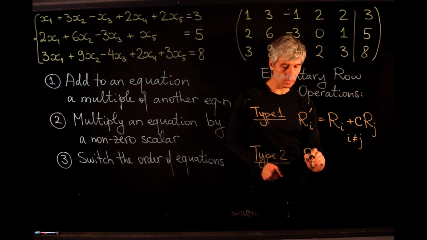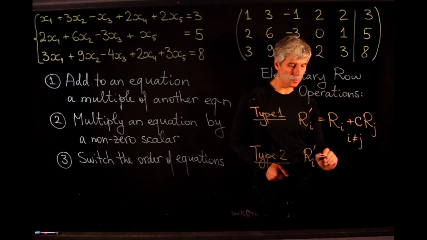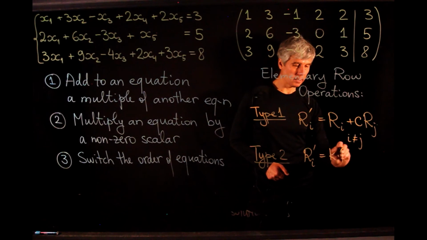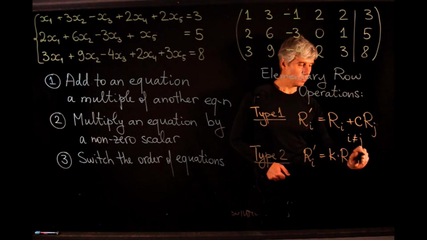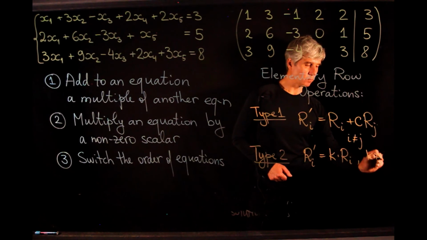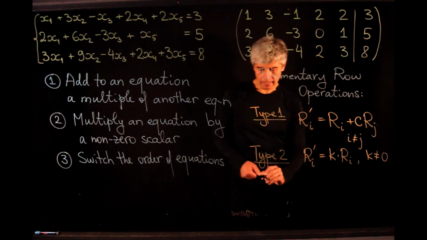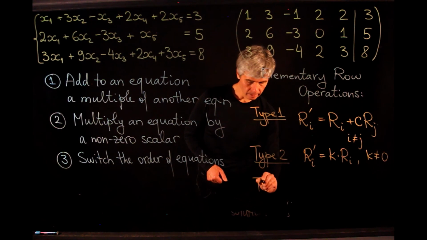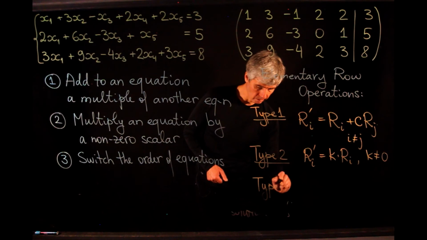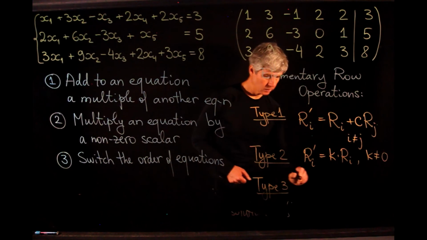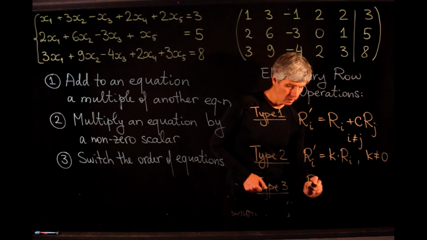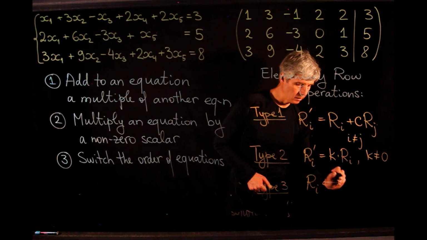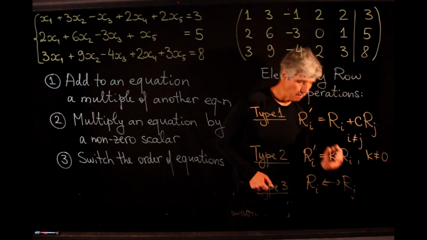So we say row i prime is equal to k times row i, where k here is non-zero. And type 3, so we can swap row i with row j.